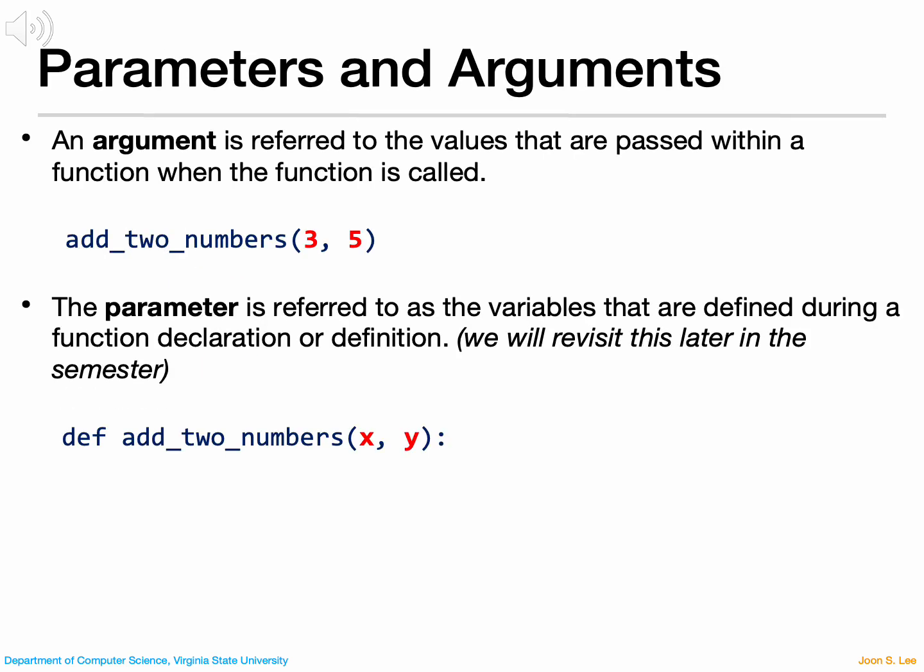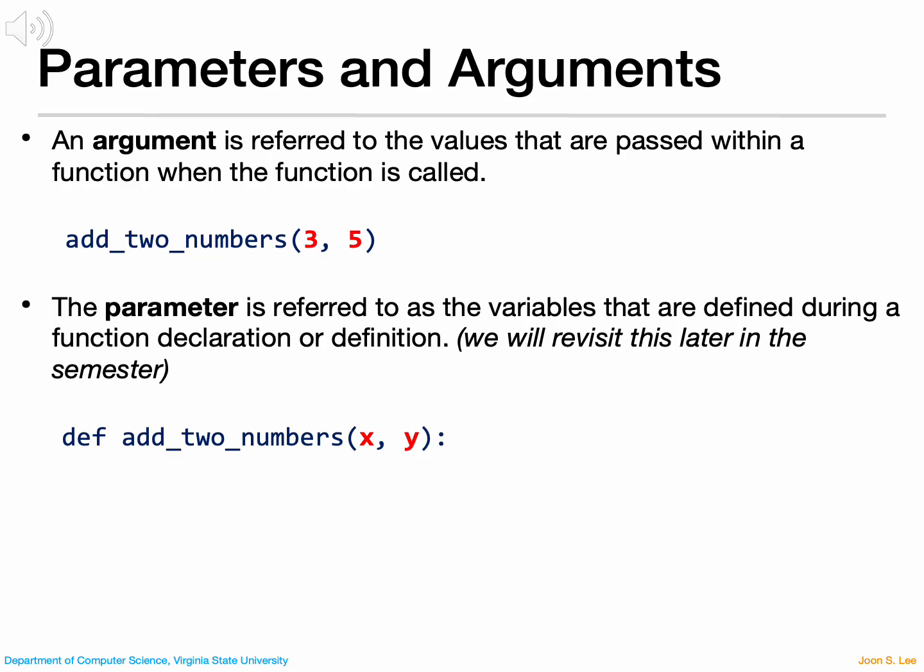When working with functions, two important terms to know are parameters and arguments. An argument is the actual value you give to a function when you call it. For example, if you call a function to add numbers like add2numbers(3, 5), the numbers 3 and 5 are the arguments. A parameter, on the other hand, is more like a placeholder.